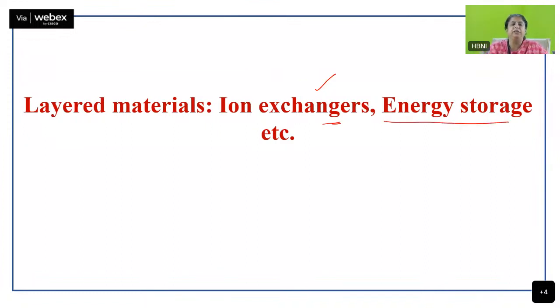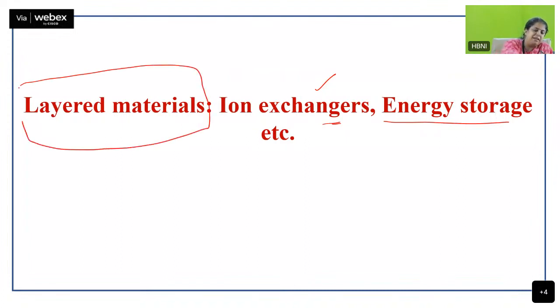And energy storage. So I think half the material scientists are working in the field of energy storage. That could be in the form of batteries, supercapacitors, dielectric capacitors, and so forth. Now these are only a few of many classes which use layered materials.